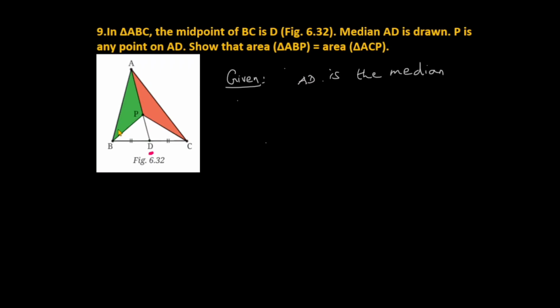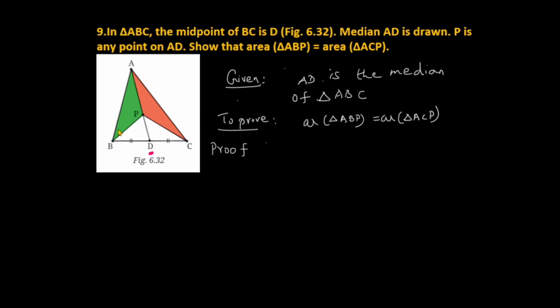AD is the median of triangle ABC. To prove the easiest one, area of triangle ABP is equal to area of triangle ACP. For the proof, we know a median divides a triangle into two equal area triangles.